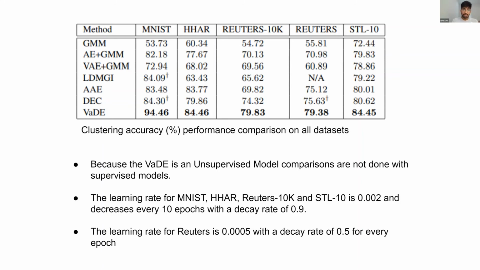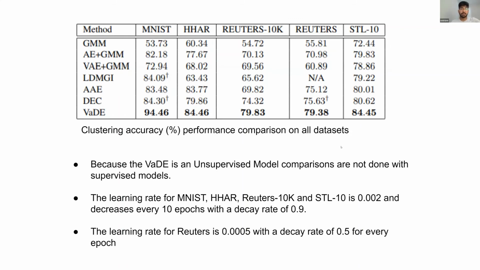As you can see in the table, the bottom portion, VaDE, has the maximum accuracy, and it outperforms all the clustering methods for all the benchmarks. For MNIST it gives 94.46, for HHAR it gives 84.46. And because VaDE is an unsupervised model, comparisons are not done with the supervised models.